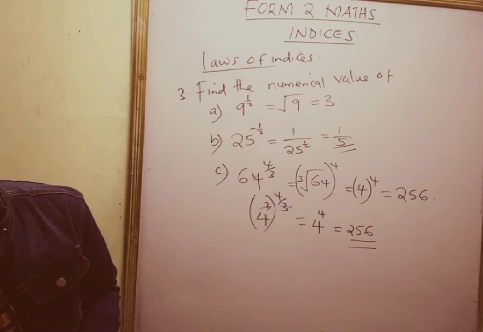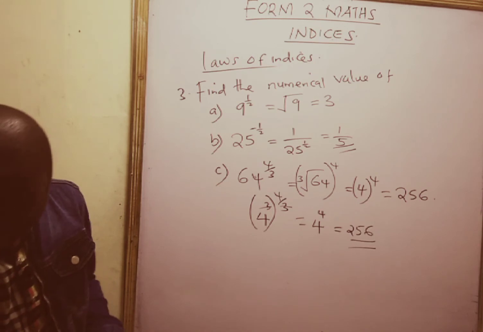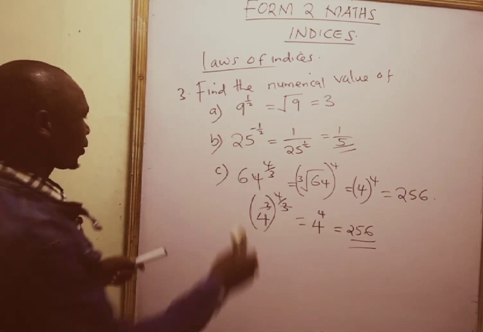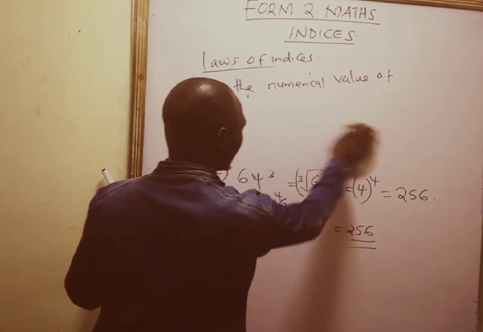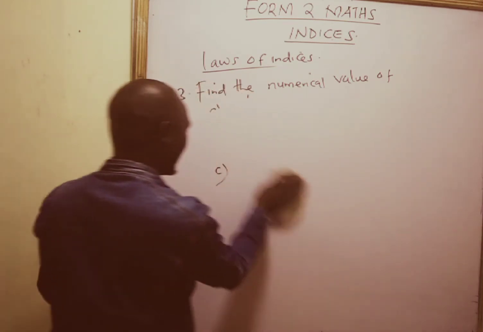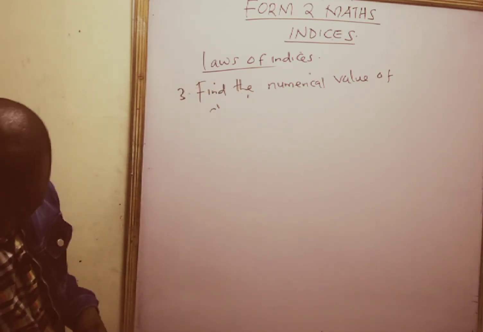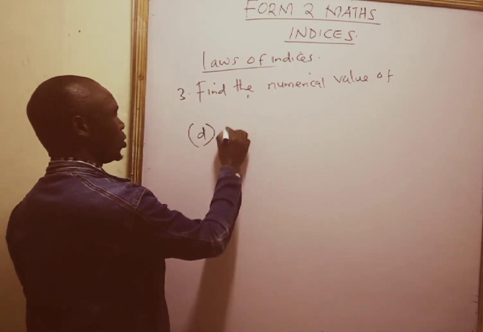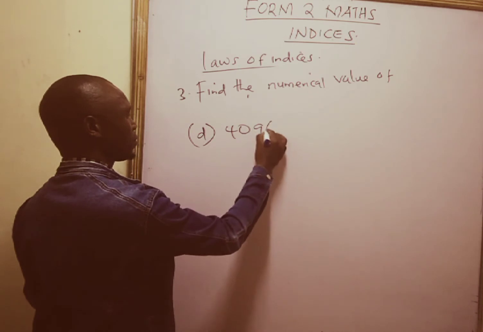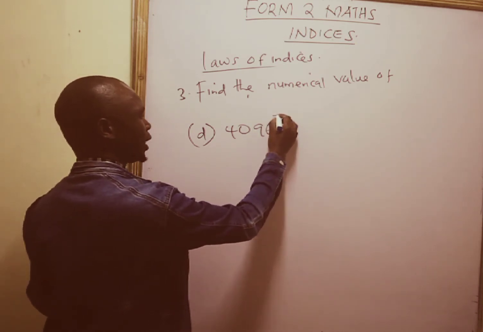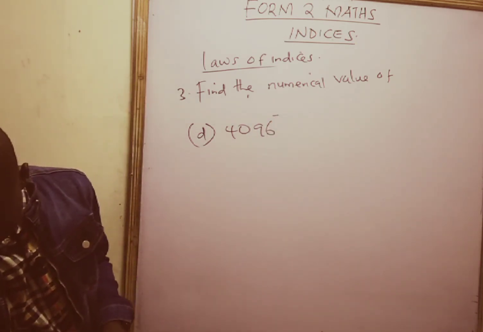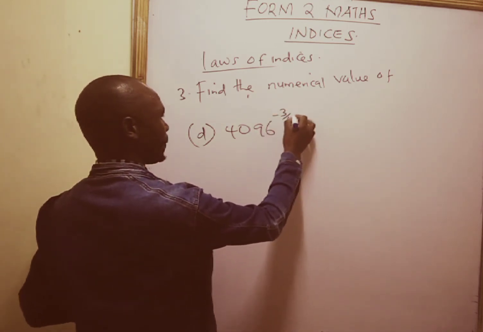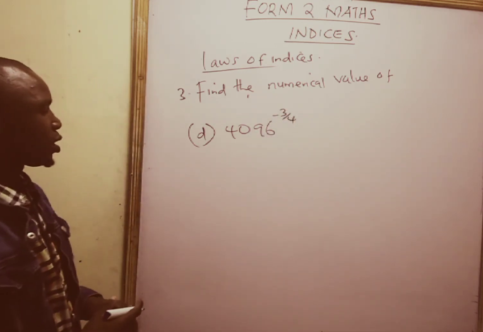What if we have something like 4096? D, we have 4096 raised to power negative 3/4.